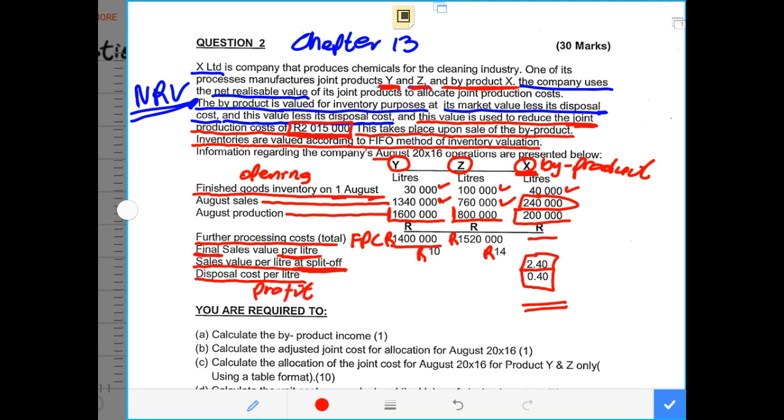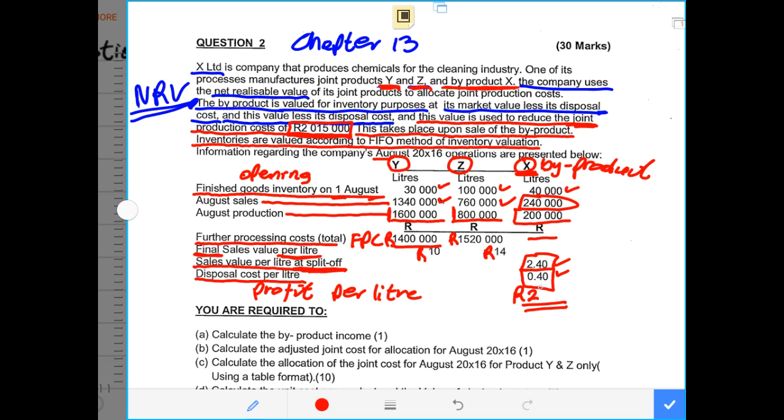Profit per unit, which is per liter, because we are dealing with liters. We know that the selling price is 2.40 rand, and the cost to sell 1 liter of the byproduct is 40 cents. Therefore, the profit per liter of the byproduct will be 2 rand.